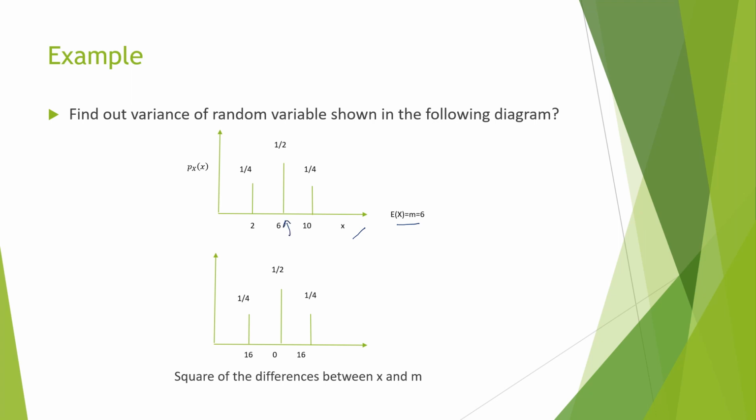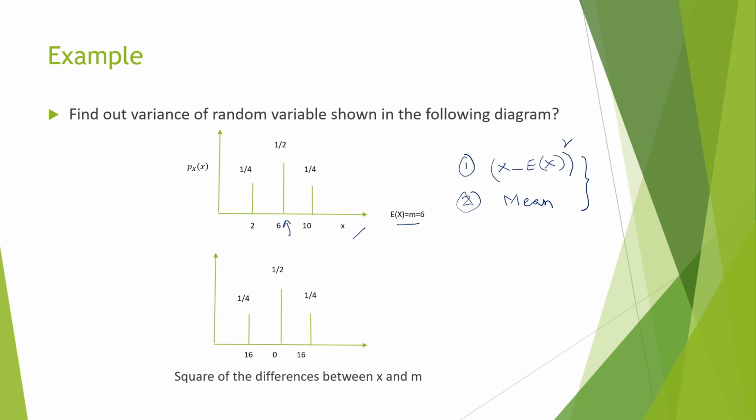Therefore, the mean value or expected value of this random variable is 6. Now, how do we find its variance? It has two steps. First step is finding the square of the difference, (x minus E[x]) whole square. Second step, we find the mean value of this. By doing these two steps, we find the variance.